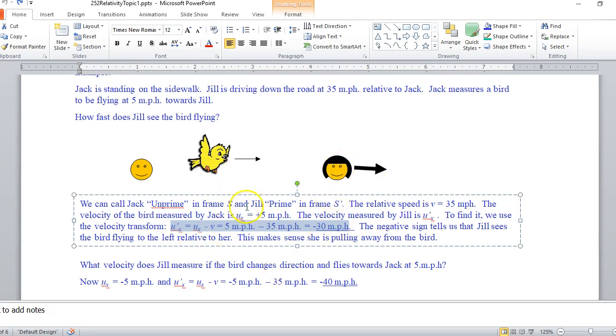What if the velocity of the bird is the other way? In other words, the bird is flying towards Jack at 5 miles per hour relative to Jack. Then Jill would see the bird moving to the left even faster. In fact, you'll get negative 40 miles per hour.